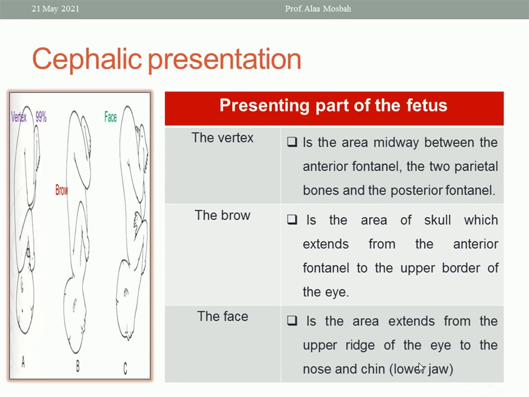The area midway between the anterior fontanelle, the two parietal bones, and the posterior fontanelle. What about the brow? The area of the skull which extends from the anterior fontanelle to the upper border of the eye. What about the face? The area extending from the upper ridge of the eye to the nose and the chin. So during PV, you must feel the chin in case of face presentation.